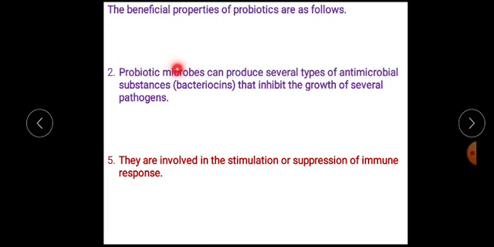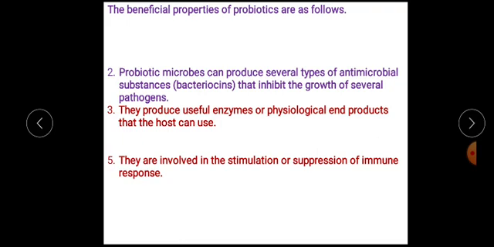Second, probiotic microorganisms can produce several types of antimicrobial substances like bacteriocins that inhibit the growth of several pathogens. Third, probiotics produce useful enzymes. Now this is an additional thing that we are seeing here. They produce various enzymes or physiological end products that the host can use, like vitamins, growth factors and various digestive enzymes. For example, some people cannot digest milk.